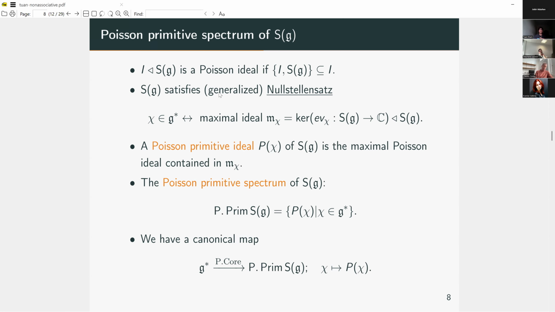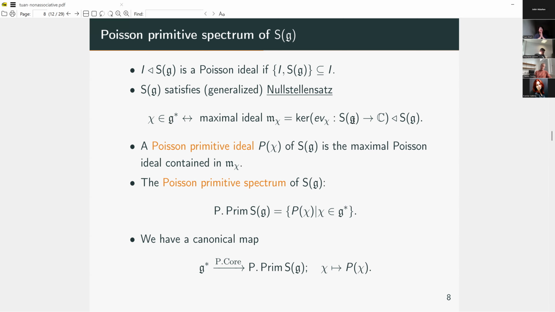This means that an element chi of the dual space G star corresponds to a maximal ideal M_chi in the symmetric algebra, where M_chi is defined as the kernel of the evaluation homomorphism from S(G) to C.